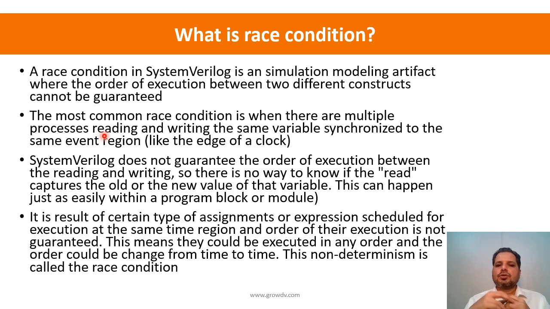If we summarize it, it's the result of certain types of assignments or expressions which are scheduled for execution in the same time region, and we will understand more about what a time region is. Since they are scheduled in the same time region, their order of execution is not guaranteed, and since their order is not guaranteed, the behavior they produce could change from time to time. This non-determinism is what a race is, and it forms the foundation for why we need the scheduling semantics.